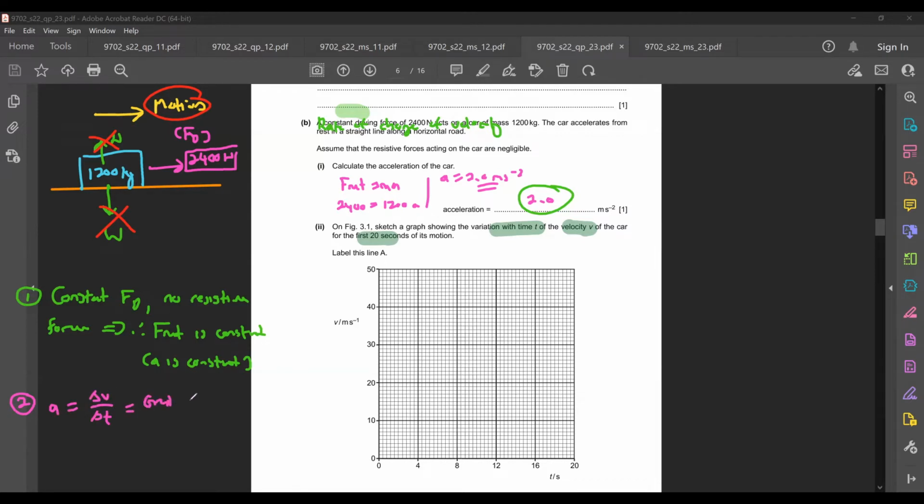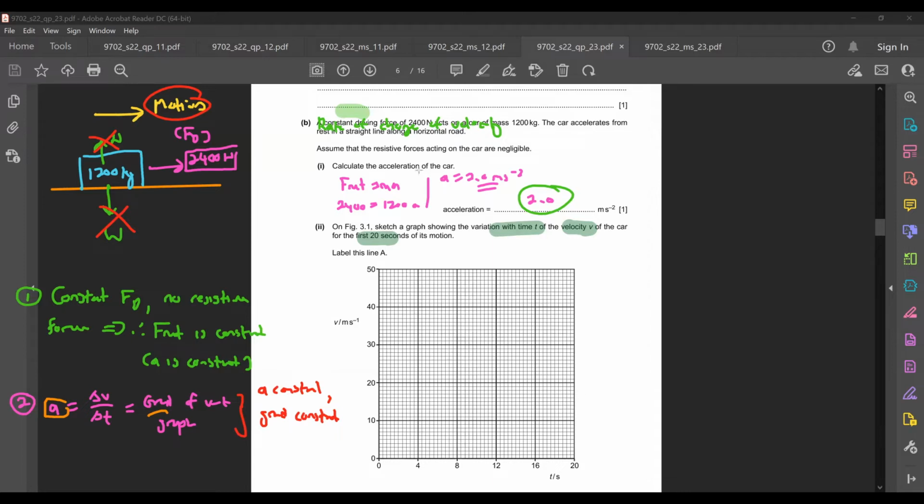It is actually the gradient of your VT graph. Okay, so acceleration is gradient of your VT graph. From here, you can actually do something from there where you say this. If acceleration is constant, gradient must be constant. Okay, so you're supposed to draw a straight line graph. So it should be a straight line graph, but until where?